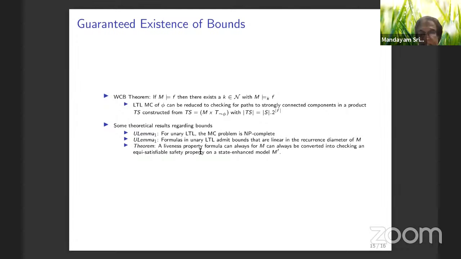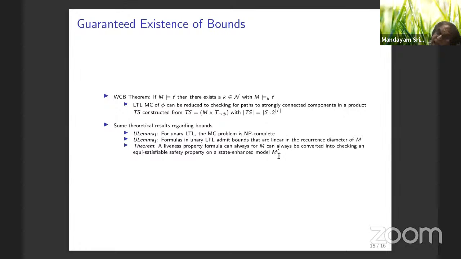And this is a somewhat similar approach, where Beer et al. show that a liveness property can always be reduced by keeping track of more information in your original transition system. Then, since that is reduced to checking a safety property of whether some state is reached, after you enhance that, then as you know, for a safety property, the worst case bound is the recurrence diameter.